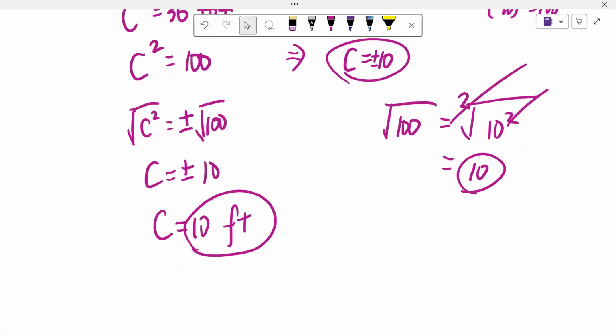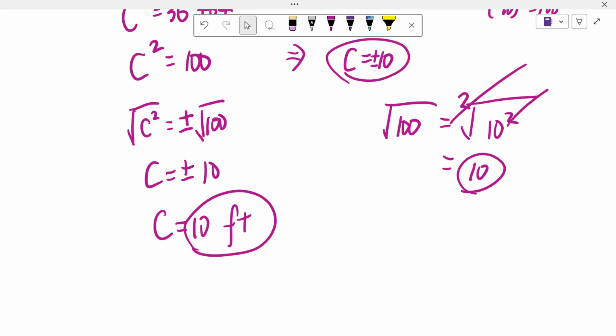You saw how we got C squared equals 100. How do we know to always find the square root? Because at some point we'll just say 10 squared equals 100 and leave it at that. Some people make that mistake. So how do we decipher that we should always find the square root until we get the simplified answer?